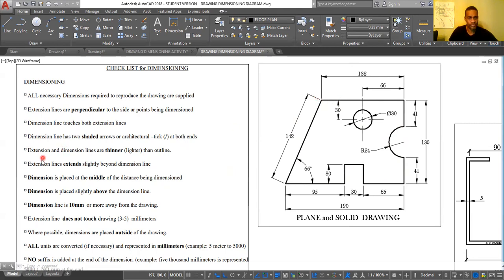Next thing, also check to ensure that your extension line extends slightly beyond your dimension line. Like here, your extension line should extend slightly beyond the dimension line. Very important.